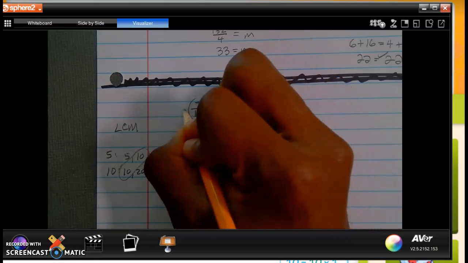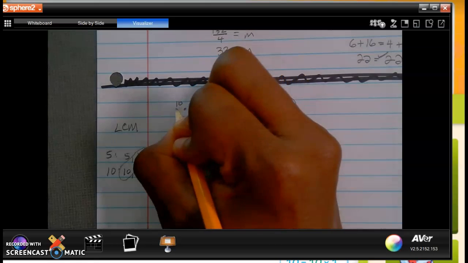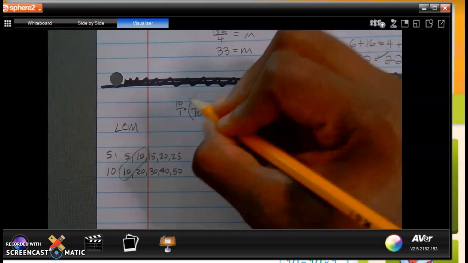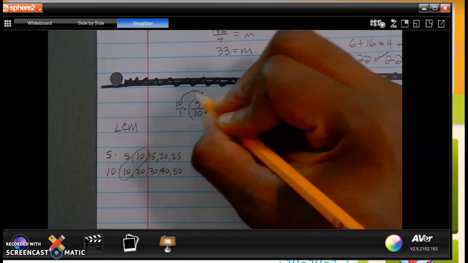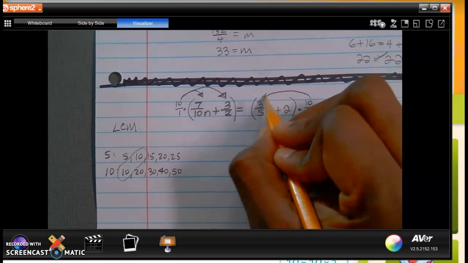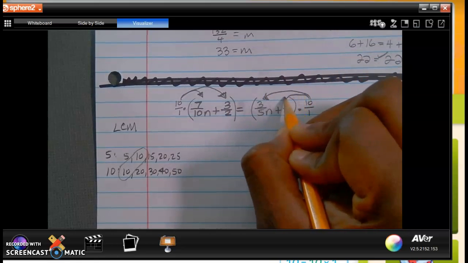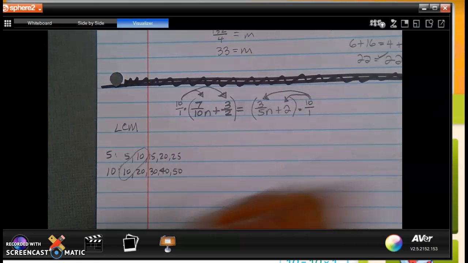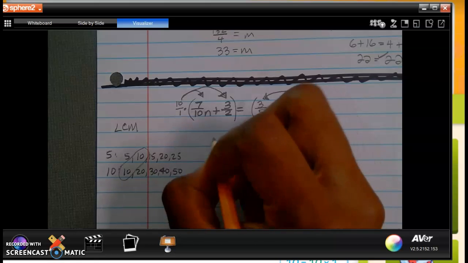So I'm going to multiply each side times 10, since that was my least common multiple. I'm going to use the distributive property, as you saw at the beginning of the video, to distribute this to each of the terms inside, okay? So I'm going to show you what it becomes.